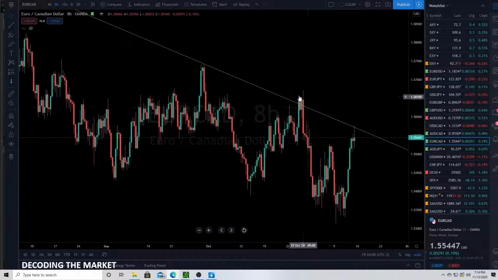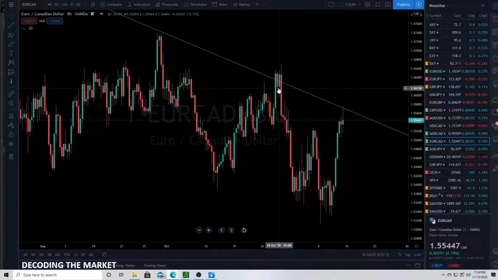That's why you need to be very aware how the market moves, because right here it breaks above and then comes back, touches and closes below this trend line, and the third candle closes above.